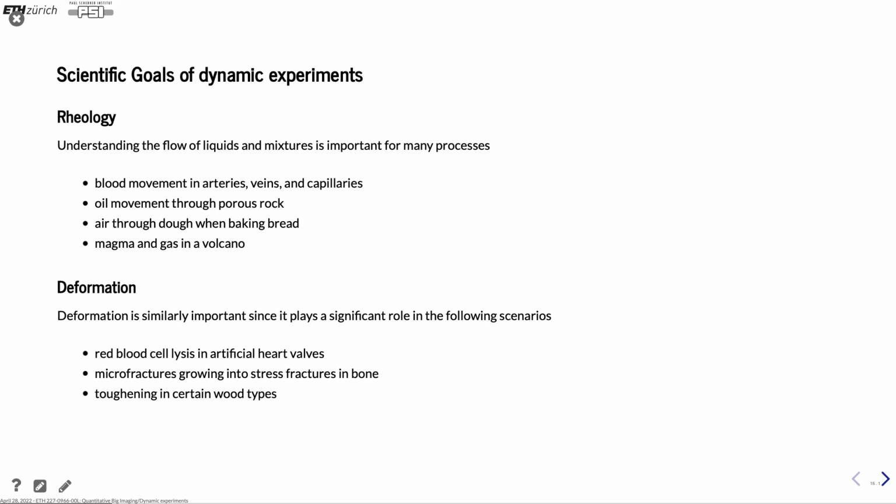So there are many such rheology-related processes. And then on the other side, we have deformation to look at, looking at how different items in the scene is responding to some triggering event.